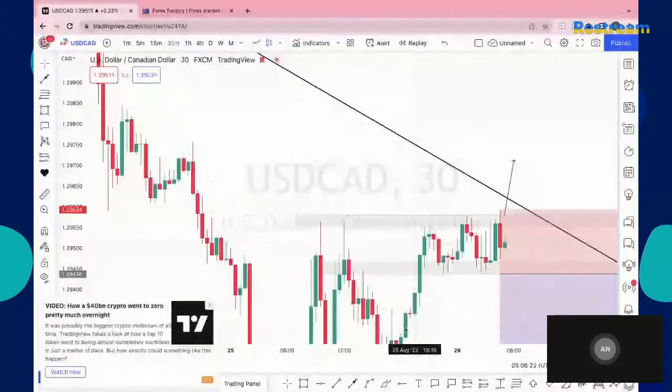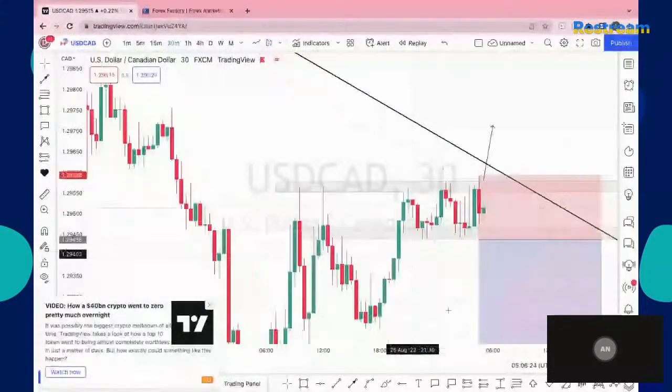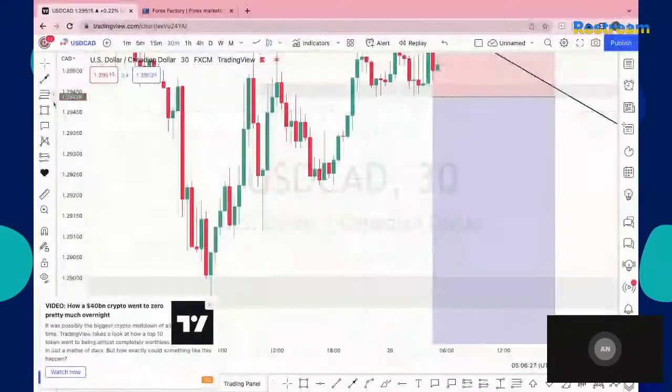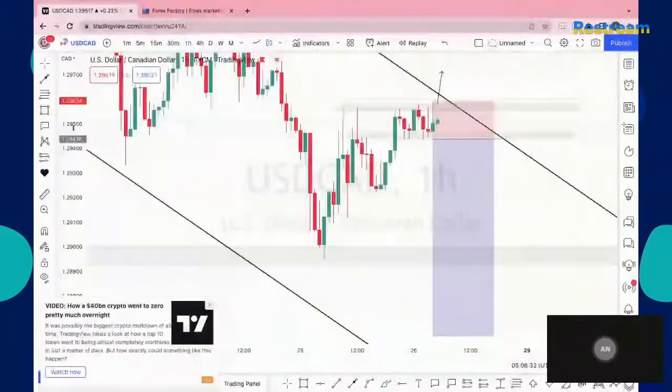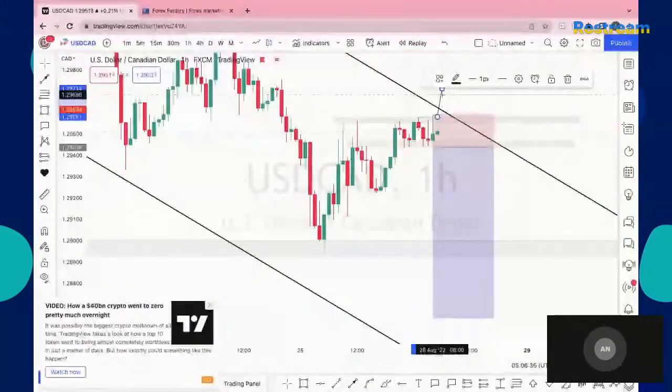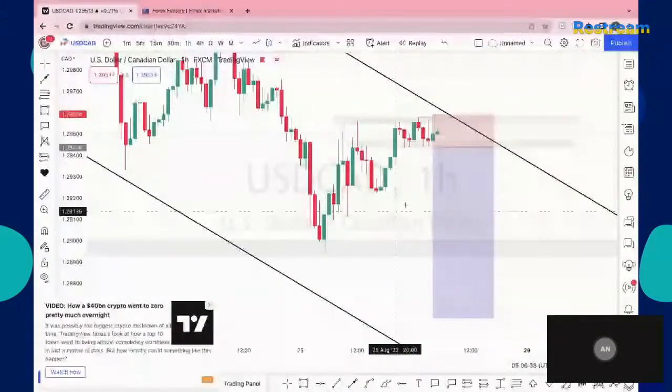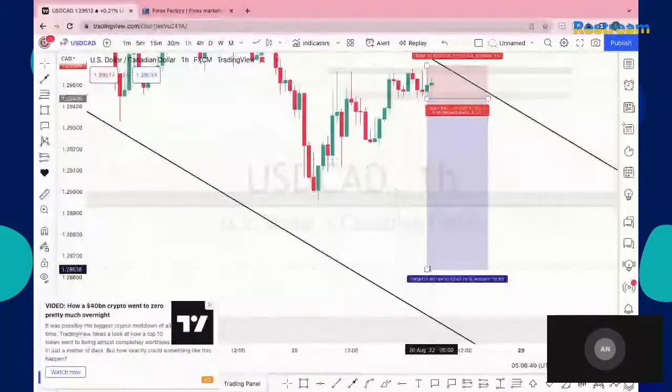For me, it kind of doesn't make sense because overall we are in a downtrend. You understand? So in a downtrend, I am looking for sells. In an uptrend, I am looking for buys.